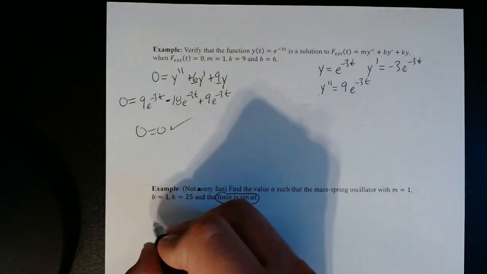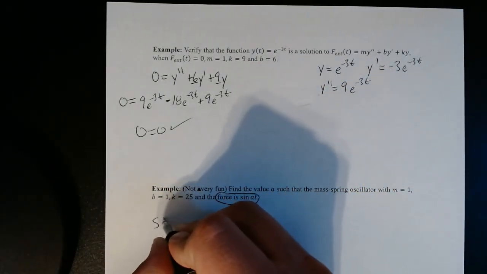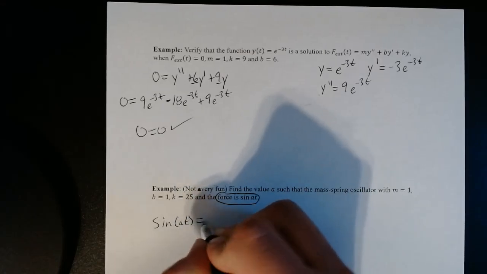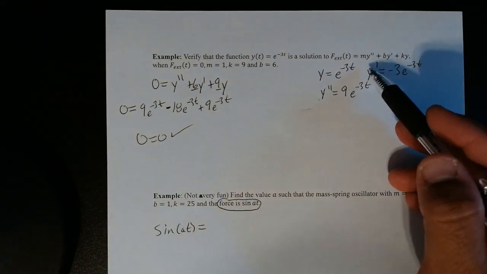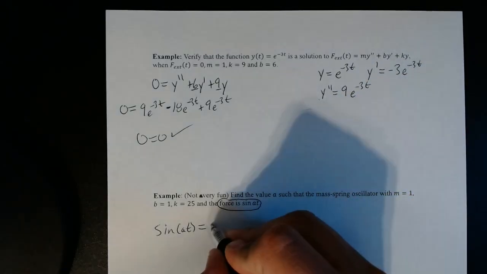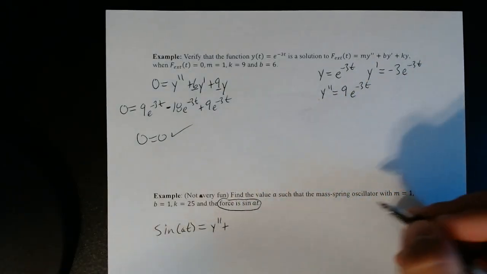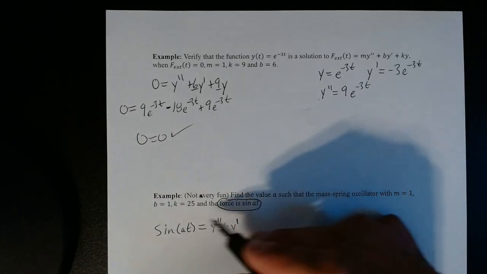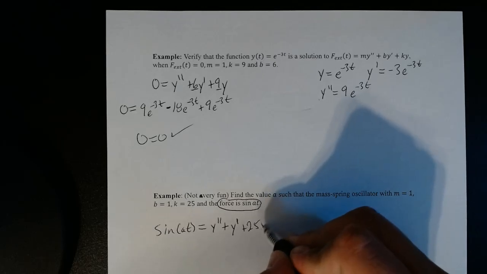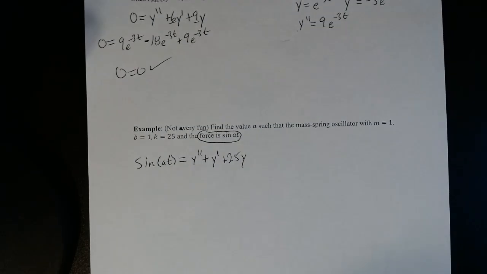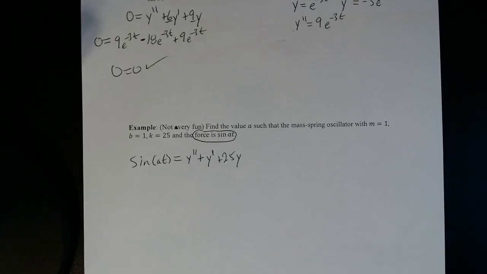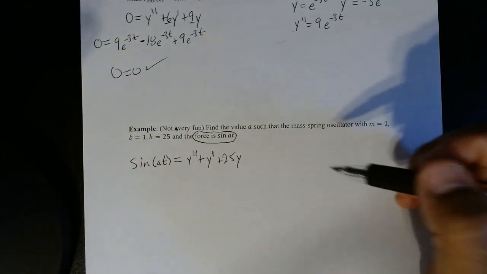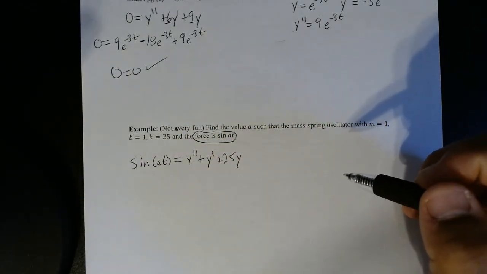So this equation now becomes sine of at is equal to, and we'll just follow the template here. m in this case is 1, so we get y double prime, plus b is also 1, so y prime there. And then finally k is 25, like that. Now, notice we don't have any simple solution here.